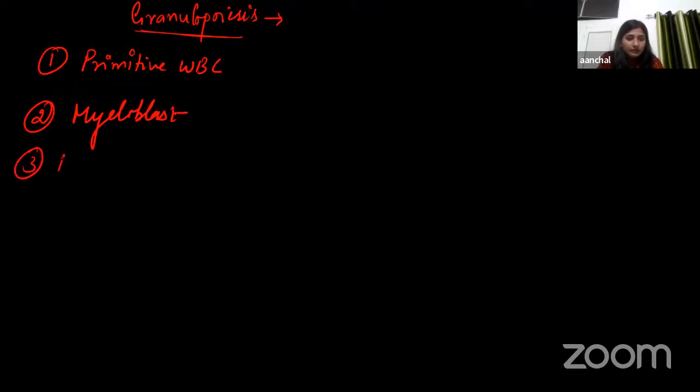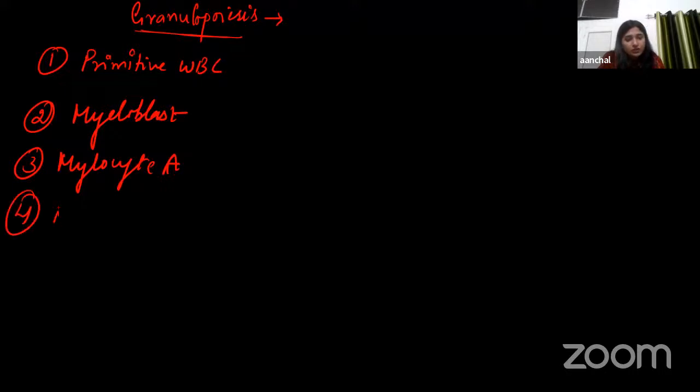The first stage, we have the primitive one, that is primitive WBC. Then second stage, we have myeloblast. Then third stage, we have myelocyte A, that is also known as pre-myelocyte.